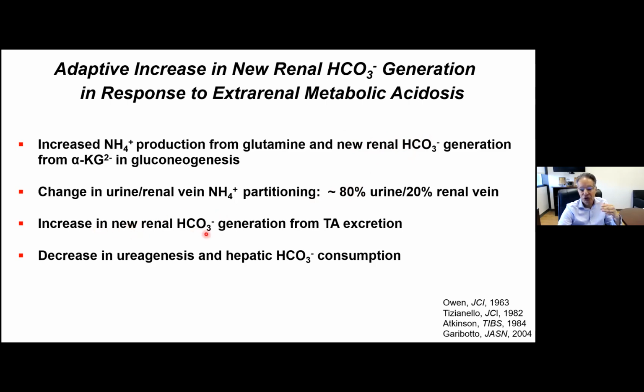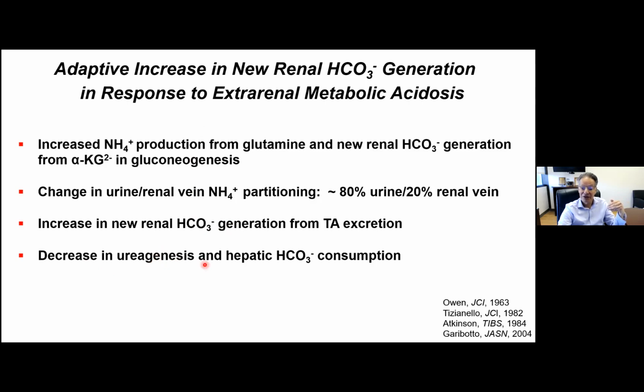We also increase the amount of H2PO4- being made, so-called titratable acid, and we excrete more of that in the urine by enhancing our proximal tubule and collecting duct proton secretion processes. It turns out also that the liver responds by making less urea. So the ureagenesis in metabolic acidosis actually falls.